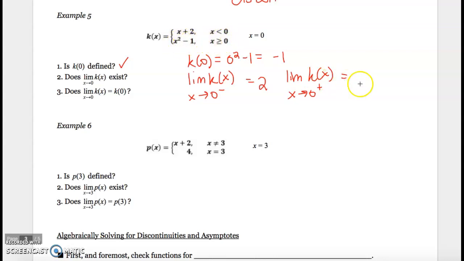If I plug 0 in there, I get -1. So technically, my general limit doesn't exist because my left-hand and right-hand limits are not the same. So this one is also discontinuous at x equals 0.